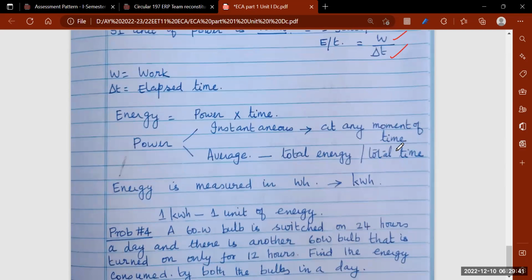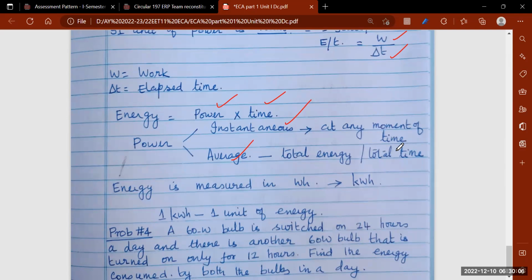Another important terminology normally used in electrical engineering is energy. Energy is defined as the product of power and time. The power can be an instantaneous power or an average power, right? Instantaneous power is the power any particular load is consuming at any particular time.